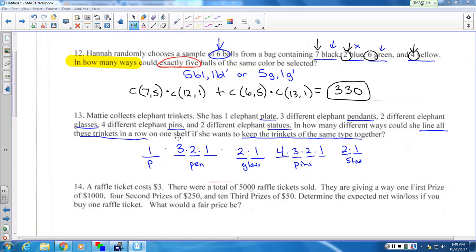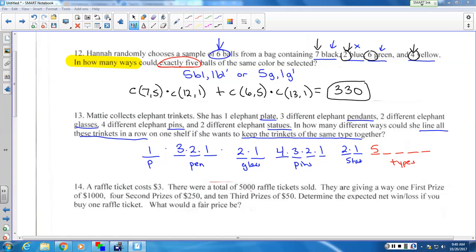But we assumed they went in this order with the plate on the left, then the pins, then the glass, and so on. So we have 5 different types of trinkets here. Any of the 5 could have gone on the left. Then that would leave 4 to go here, then 3 to go there, then 2, then 1. So I need to multiply it by the types of trinkets.